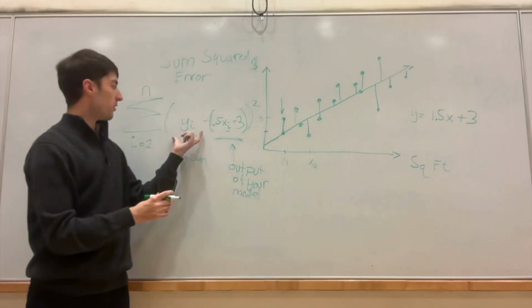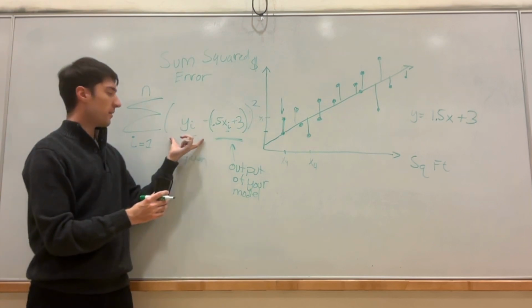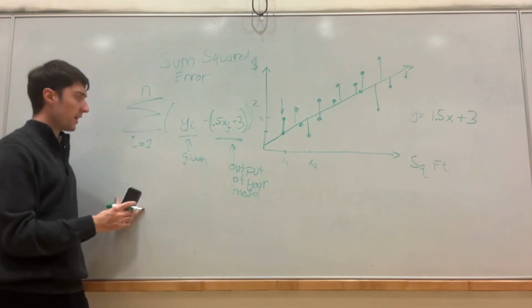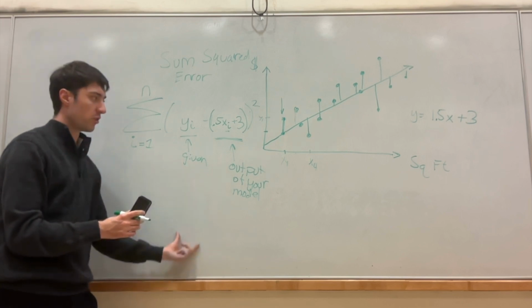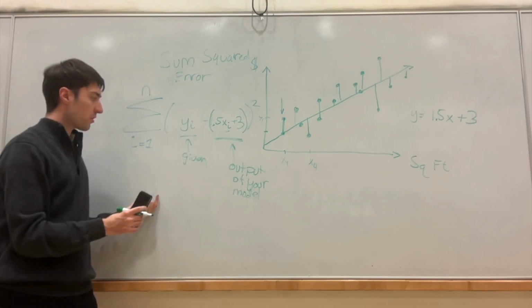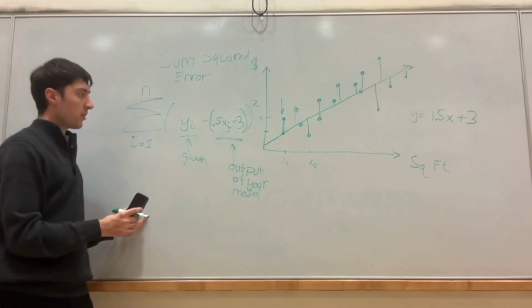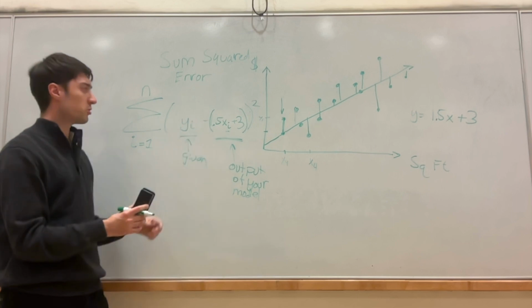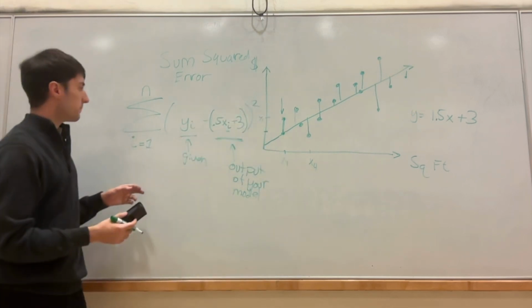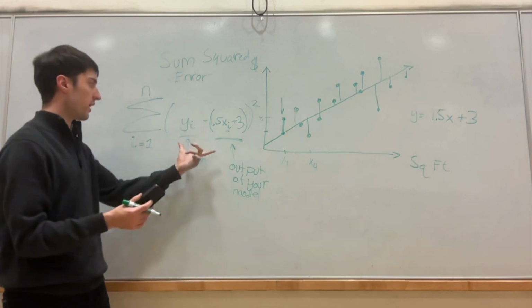So you look at the 4th output, or the actual data which you're given, in your label of the training data. Then you take the 4th input and plug it into your model and get some output, subtract it, then square it, and this will give you some value.